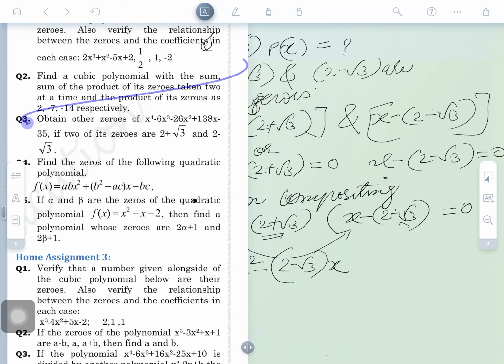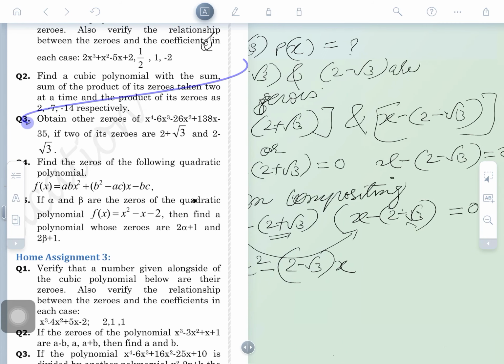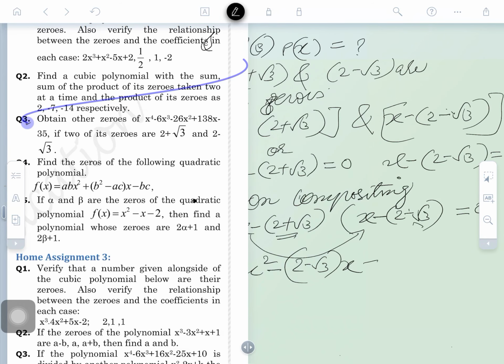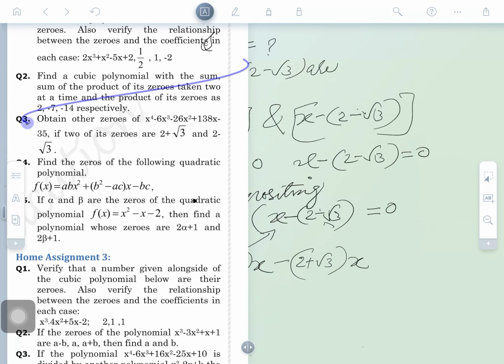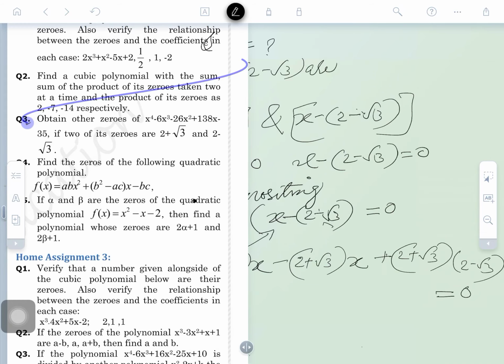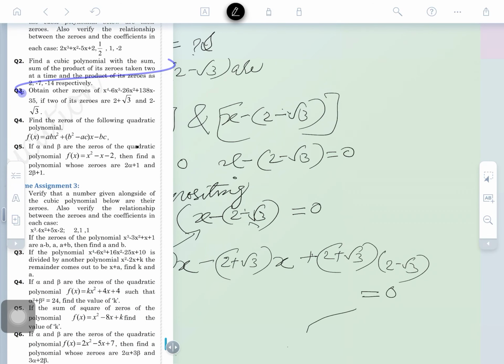The second term is 2 plus root 3, so here it will be minus, so minus 2 plus root 3 into x, and what next is 2 plus root 3 into 2 minus root 3. Now what type of pattern are we observing? It is equal to 0. So I told you why to take 0 here. Is that clear?